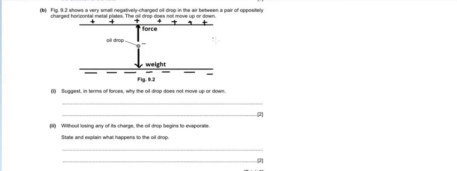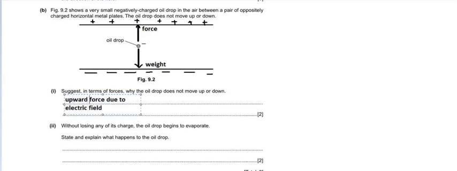All this is just the rough drawing I have made here to understand what is happening. So what are the two forces acting on the object? Here I can write down the force due to electric field, or you can say the upward force because it is acting in the upward direction.